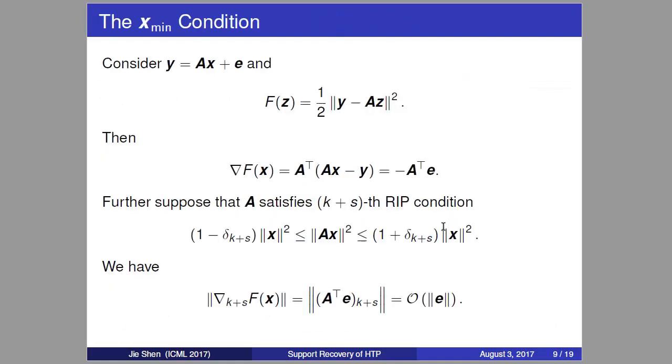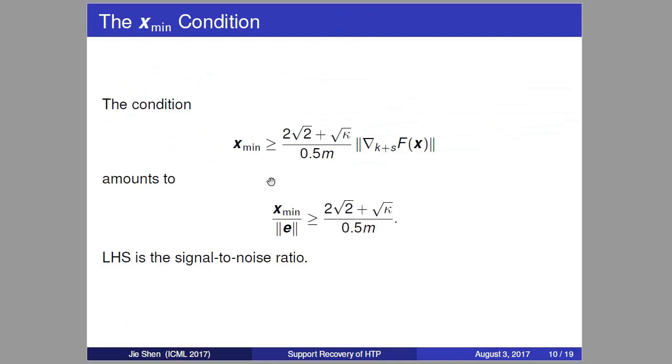This becomes clear if we look at the special case of linear regression. We assume proper conditions on the design matrix, and we can show that the two norm of the top k plus s elements of the gradient is comparable to the energy of the noise. And then we can show that the x-min condition is basically comparable to the signal-to-noise ratio condition.